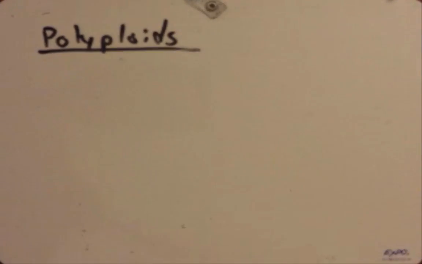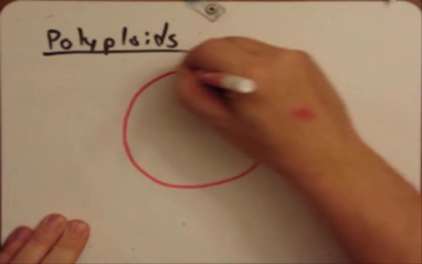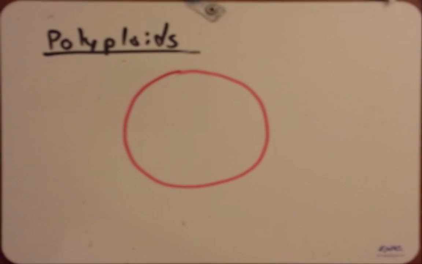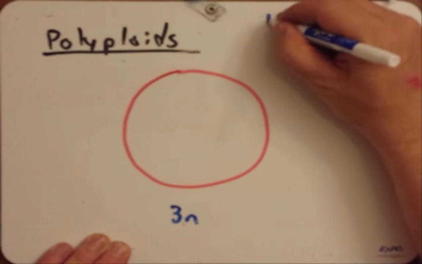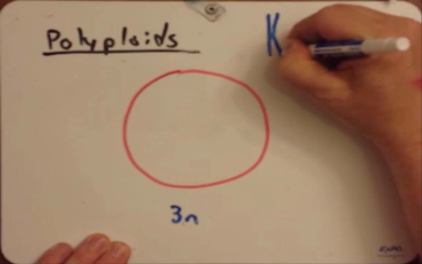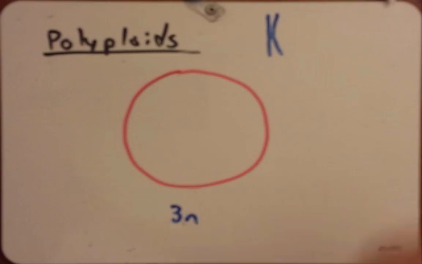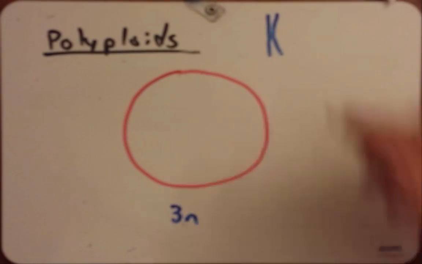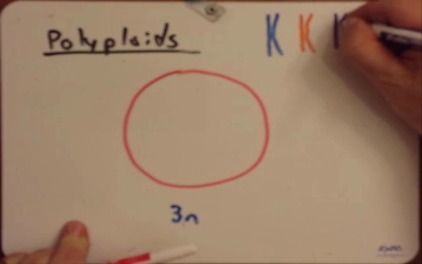And the reason they're sterile is, again, we're going to go back to our good friend here, meiosis. And let's think about just one set of these chromosomes, and we're going to talk about a triploid. And we're going to draw the chromosomes over here. We're going to have one set of sister chromatids in blue, one set in orange, and one set in purple.